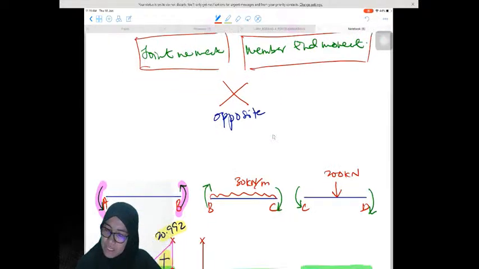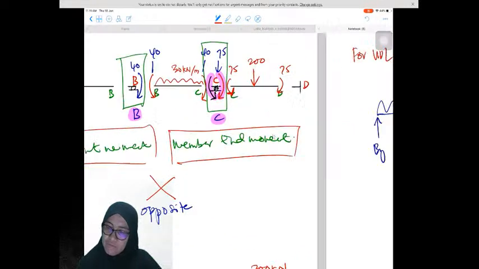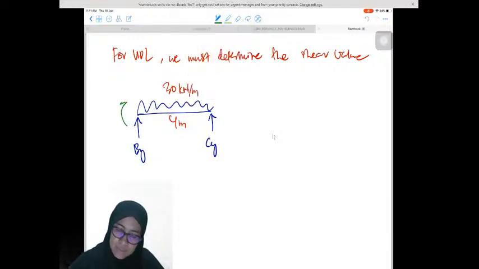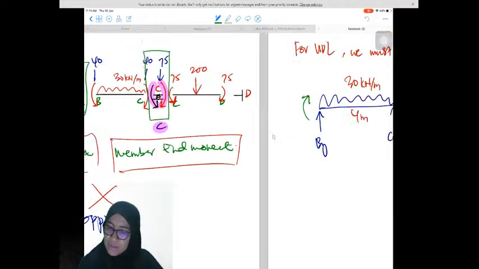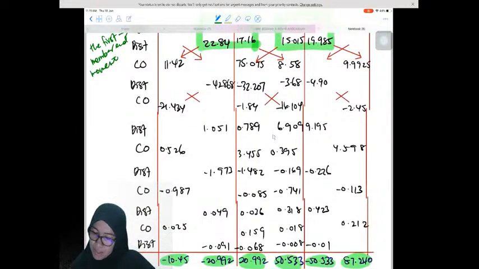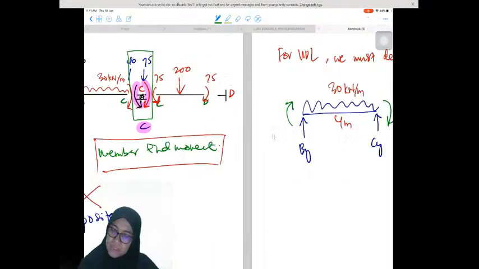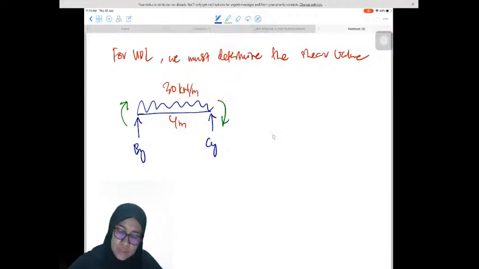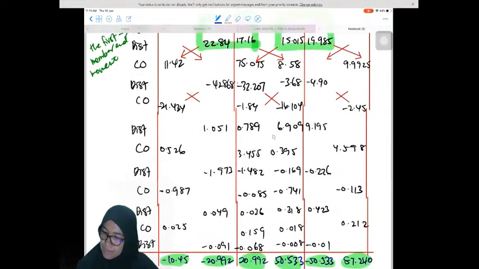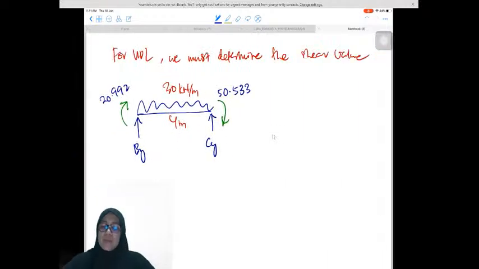So the moment is positive, and the values are 20.992 and 50.533. Am I right?